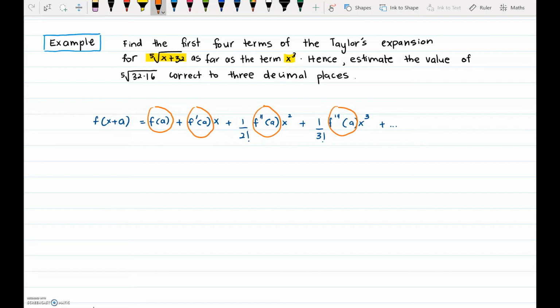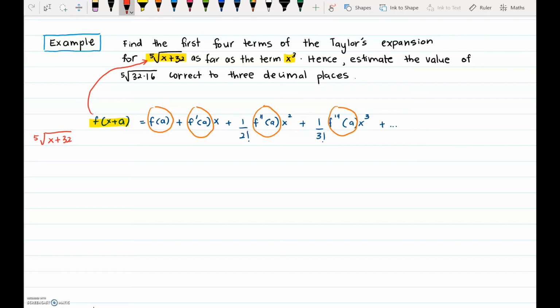Okay, so look at here. If you see here, since the formula is for f(x plus a), meaning here the original function that we have is in the form of f(x plus a), that is root 5 of x plus 32.